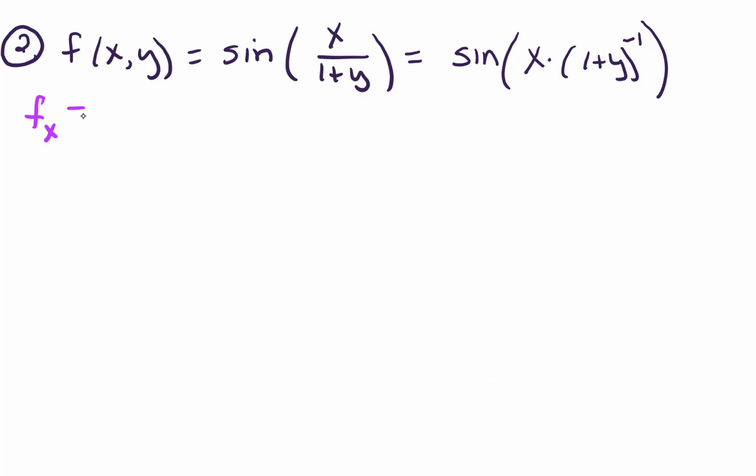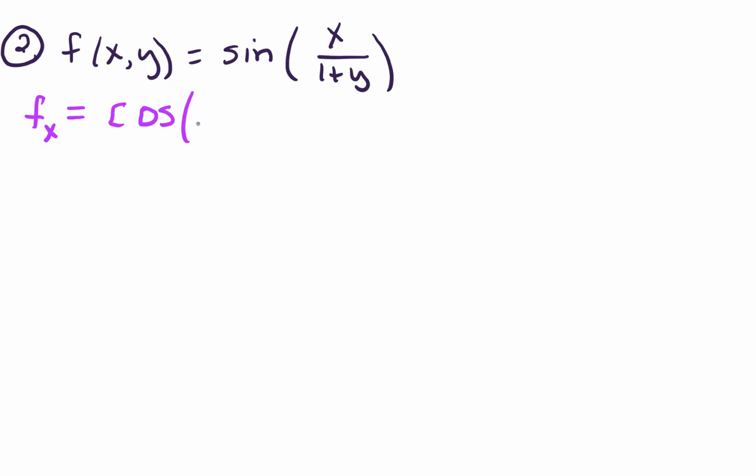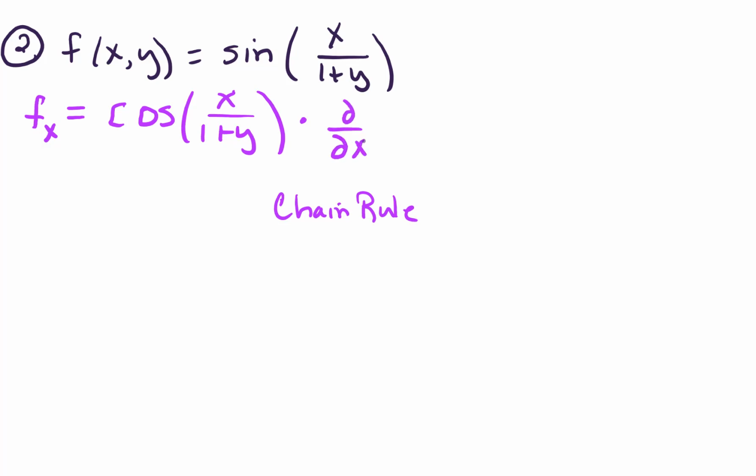We will need the derivative of sine, which is cosine, and I'm going to copy over the inner little function, which is x over 1 plus y, times, here we're applying the chain rule, the derivative with respect to x of x over 1 plus y.